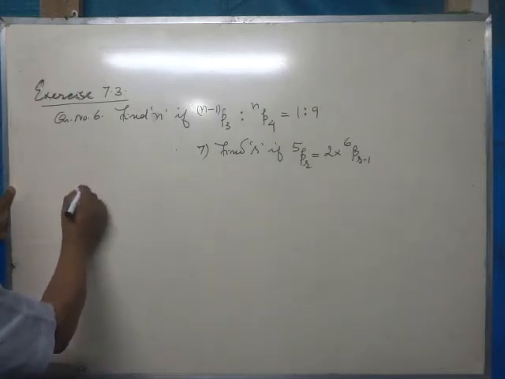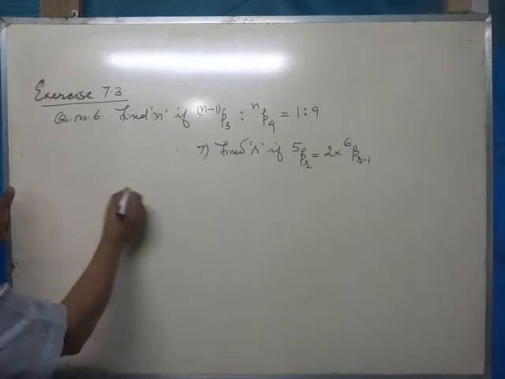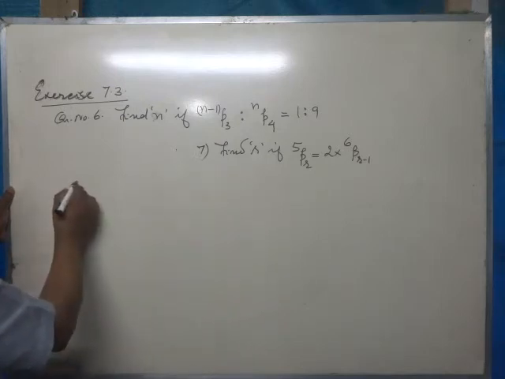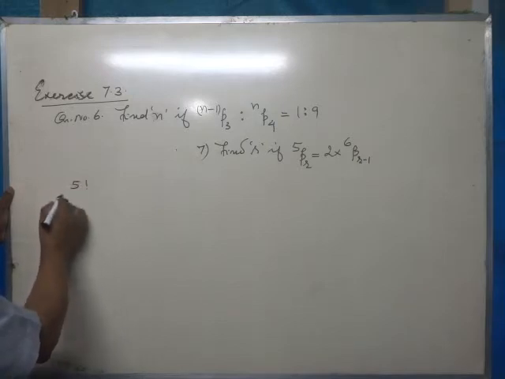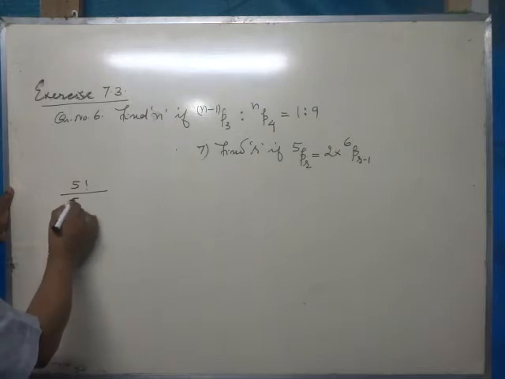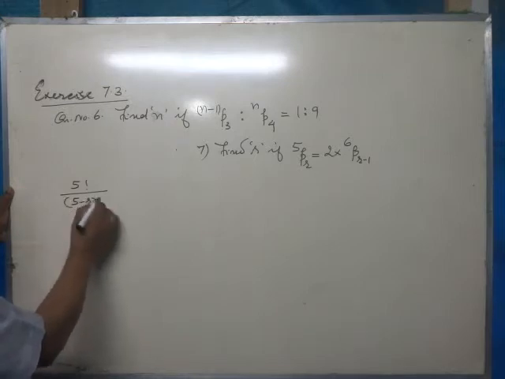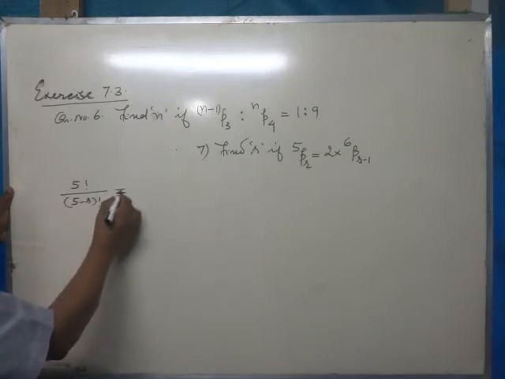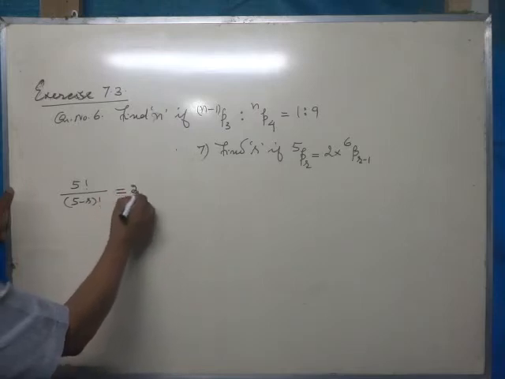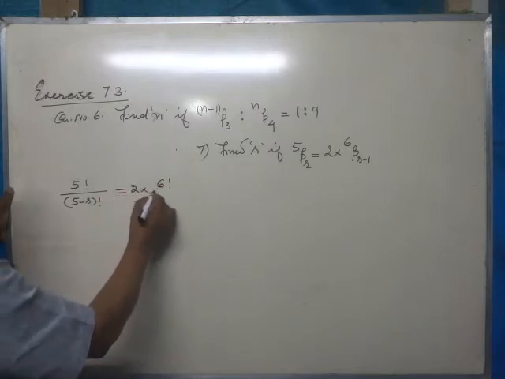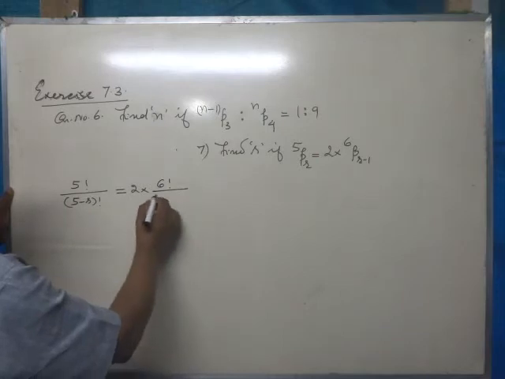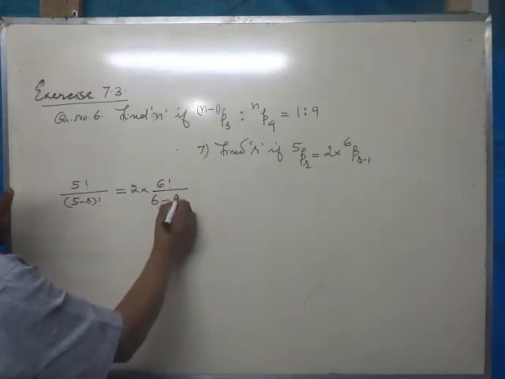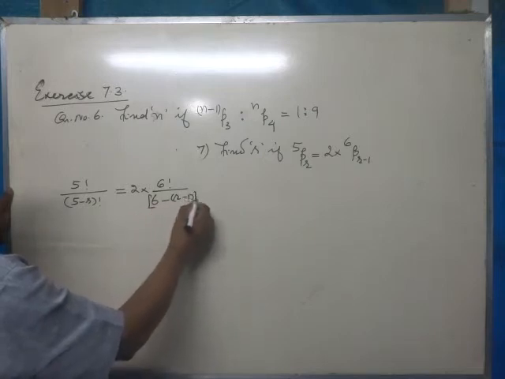Now we shall write what 5Pr is. 5Pr is equal to 5 factorial divided by (5−r) factorial, and it is equal to 2 into 6 factorial divided by (6−(r−1)) factorial.